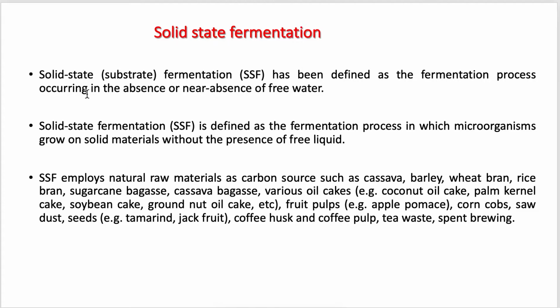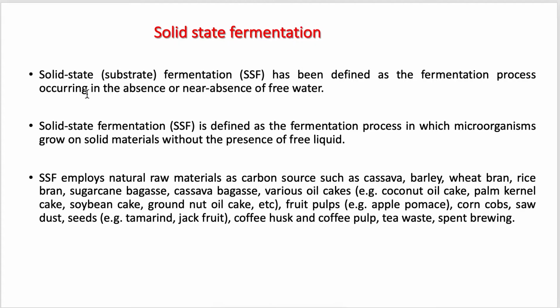It is named so because in this fermentation process the microbes grow on the surface of solid materials without the presence of free liquid, and this kind of fermentation occurs in the absence or near absence of free water.